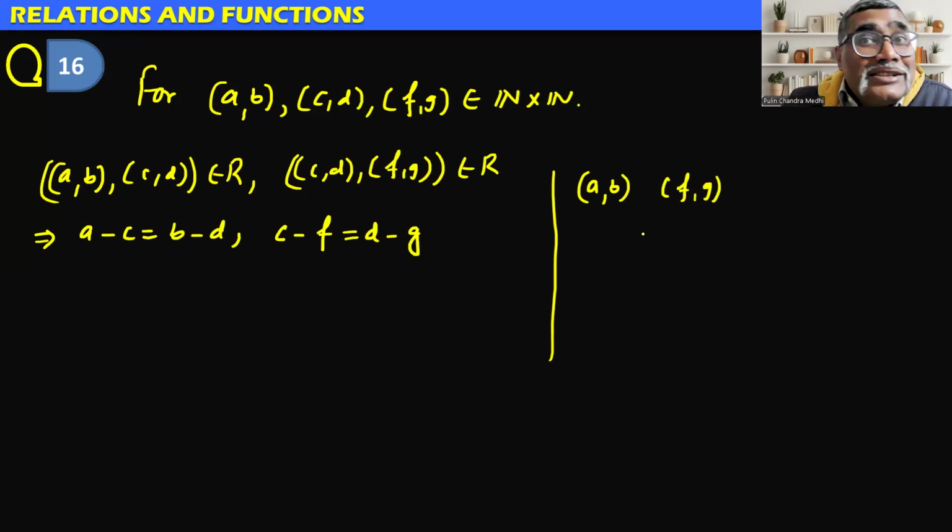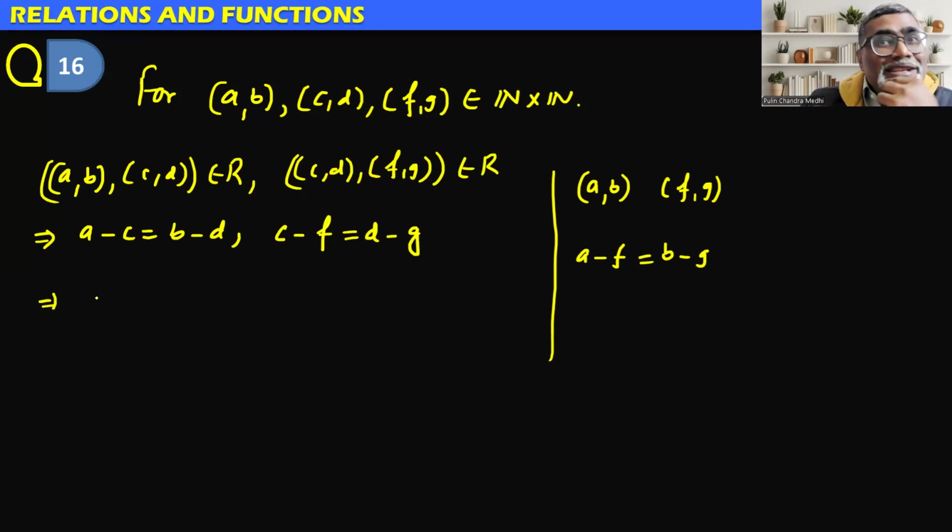So where should you end up? A minus F you should get equal to B minus G. Just see, can you get this? Yes, I can get it. How can you get it? This time you do addition; previously we did multiplication.